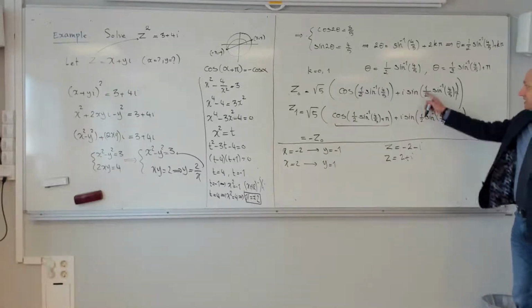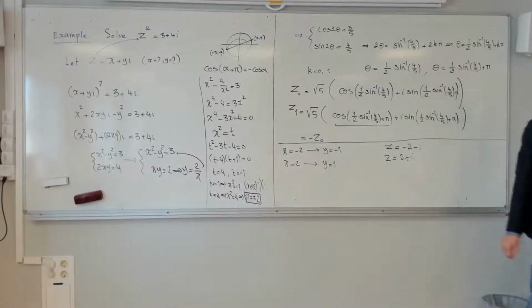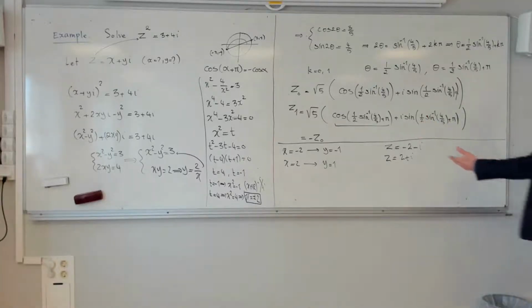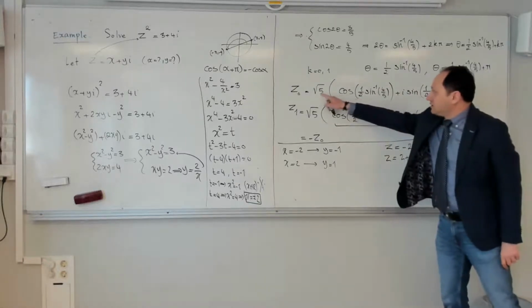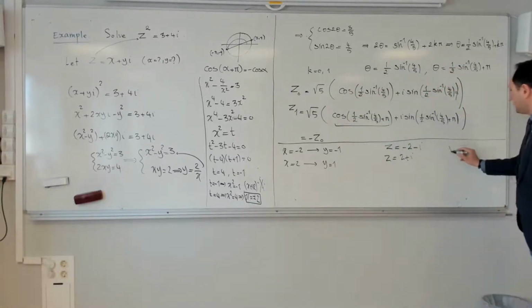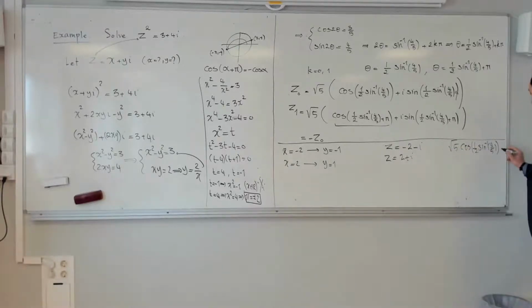So it means that this and this should be the same, because we are calculating the same thing in 2 different ways. So if I compare this one with that one, it means that the square root of 5 times this is equal to 2. Yes?